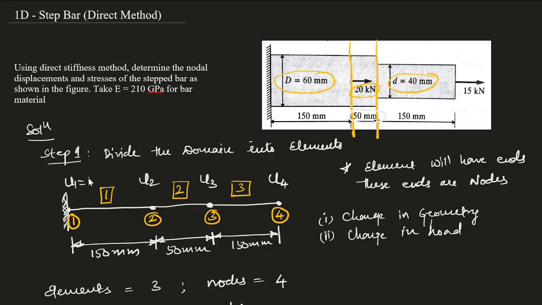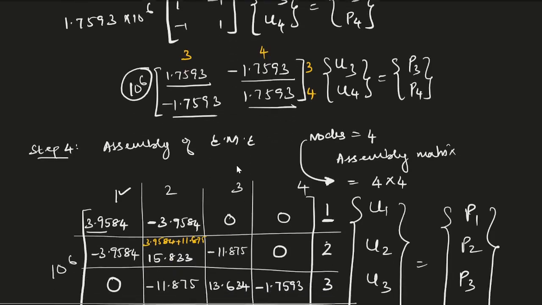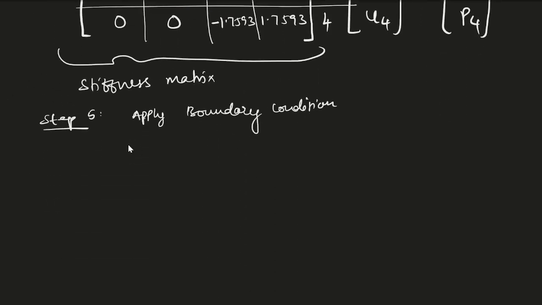That means u1 will become 0. u2 we have to find out, because a load is applied, so we have to find out by how much in mm u2, u3, u4 have moved. That is the displacement. So for the displacement part, u1 is 0 because it is fixed, and u2, u3 and u4 we have to find out.